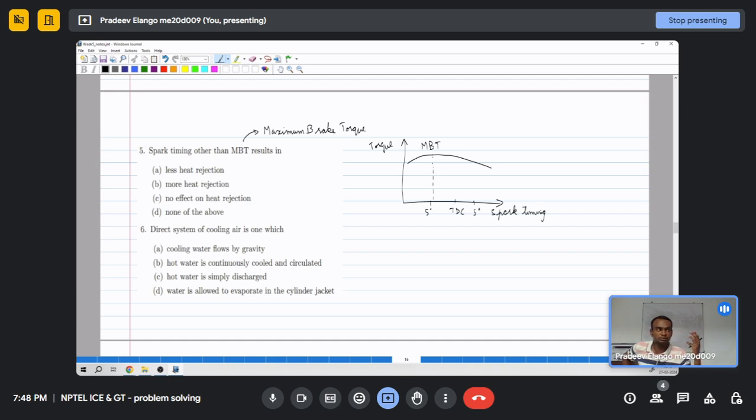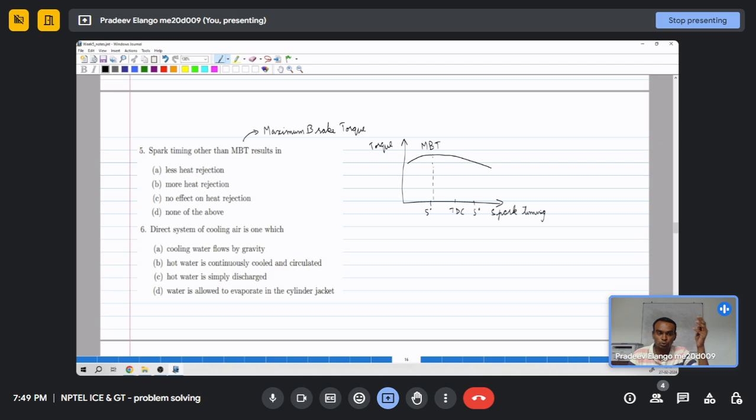So at exhaust valve opening, the pressure and temperature of the gases will still be higher because you didn't expand well, and because of which finally you will have less torque out. So there is a certain crank angle at which if you give the spark timing, you will get the most torque out. That is called MBT timing.